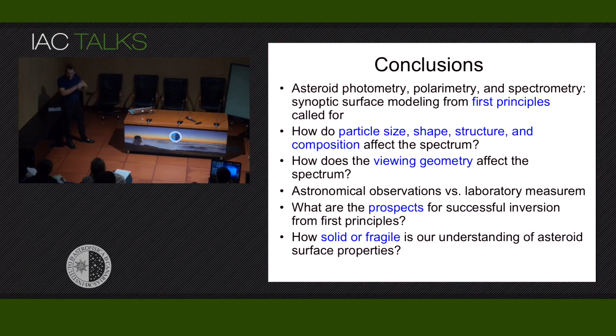We actually could have a library that would allow us to determine basically everything from the first principles. And then how solid or fragile is our understanding of asteroid surface properties based on, for example, the spectra? We will see. Let's develop the story further tomorrow then. Okay, thank you.